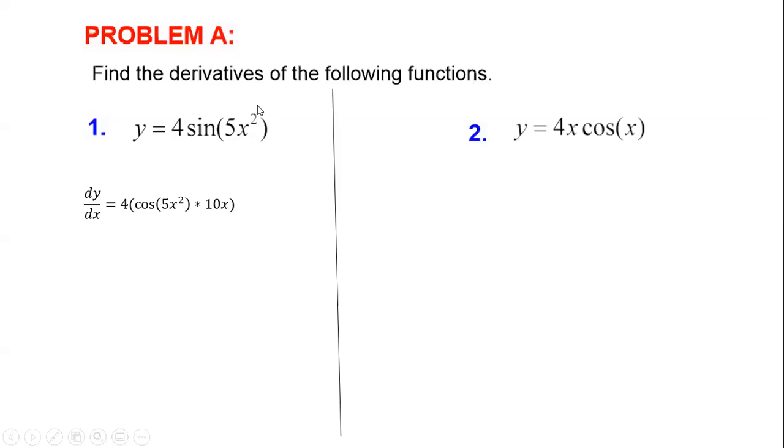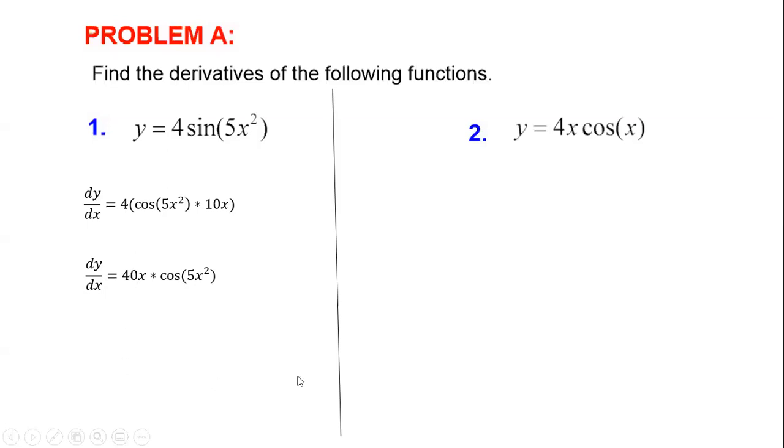And the derivative of the inside function is 10x. So it's the cosine of the inside function. We're not doing anything with the inside function yet. Multiplied by the derivative of the inside function, which is 10x. Everything gets multiplied by 4 because that was just a coefficient of the function. There is not much else we can do with that except combining the 10x and the 4 into 40x. So that's actually done.